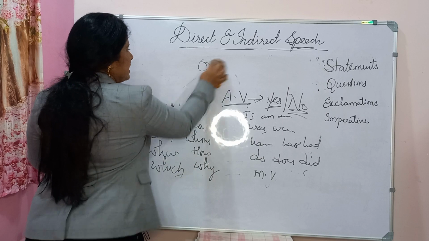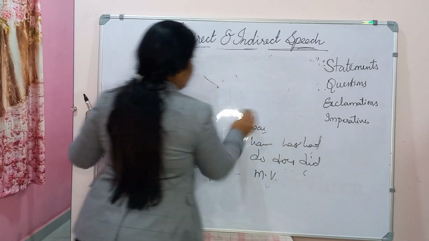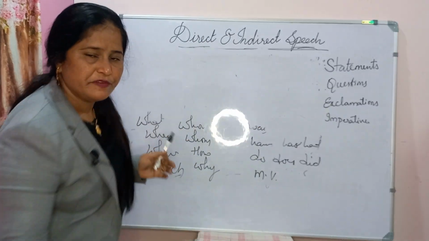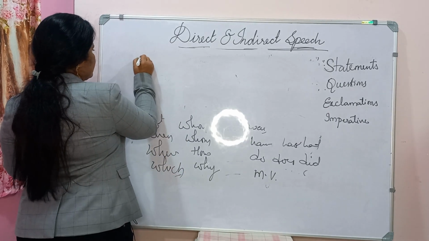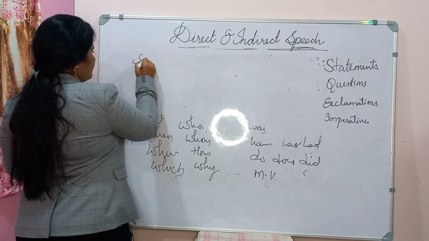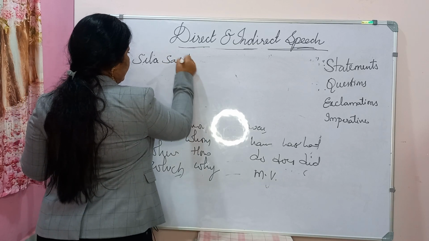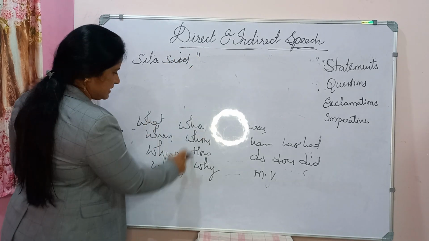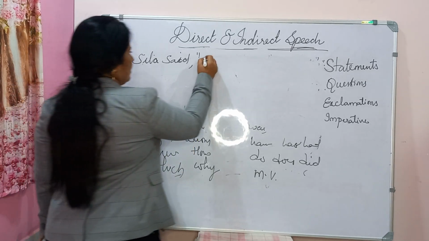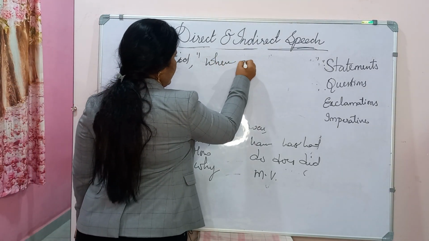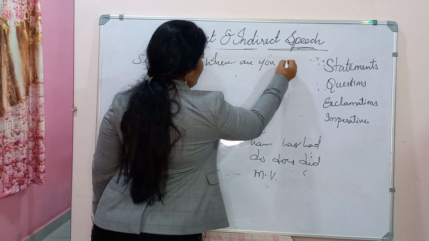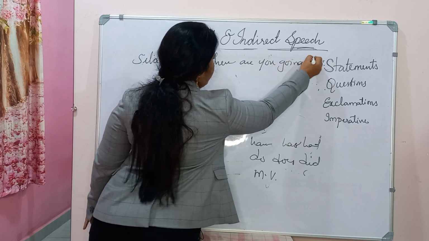So now, how to change direct speech into indirect speech if it is a question like this. For example, Sita said. So what did she say? Let's take the WH words now: "Where are you going?" One point to remember now.